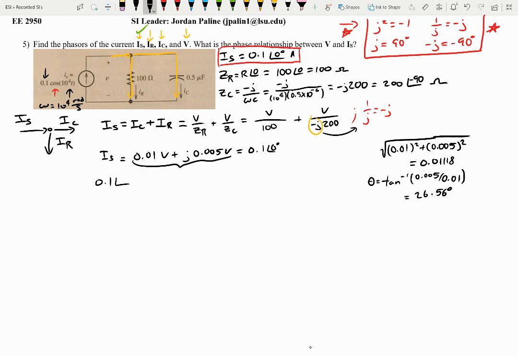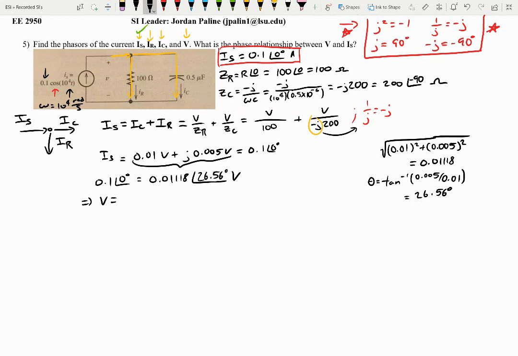So now we have 0.1 at angle 0 is equal to 0.01118 at angle 26.56 degrees times the voltage. Let's rearrange and solve for the voltage. This does seem like a very long, complex way of doing it, but you'll see why we are doing it in just a second, because what we're essentially going to do is use the voltage to find the current.